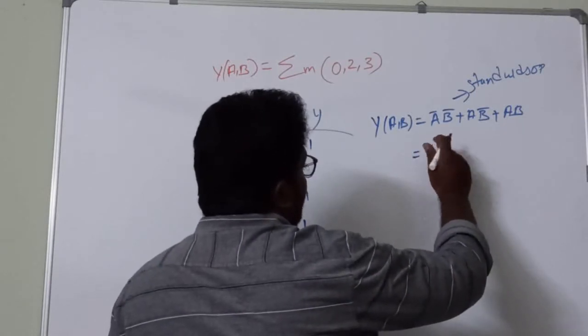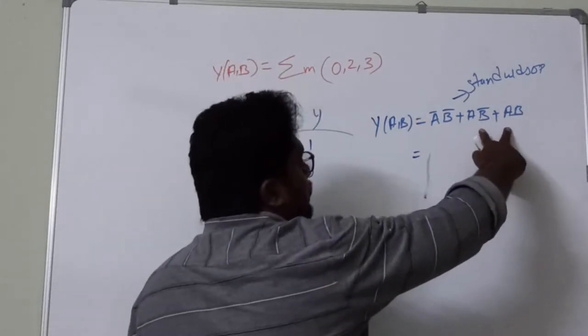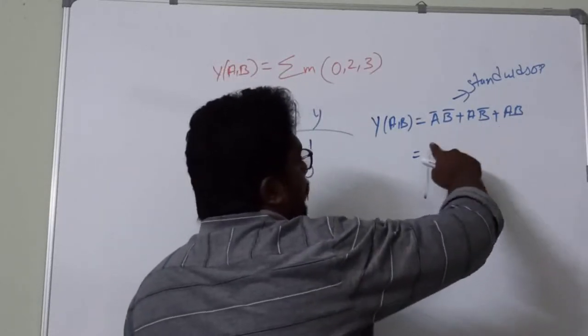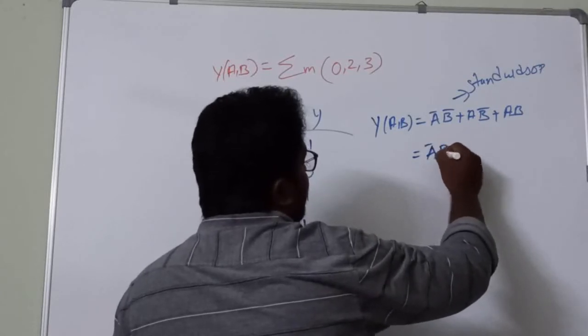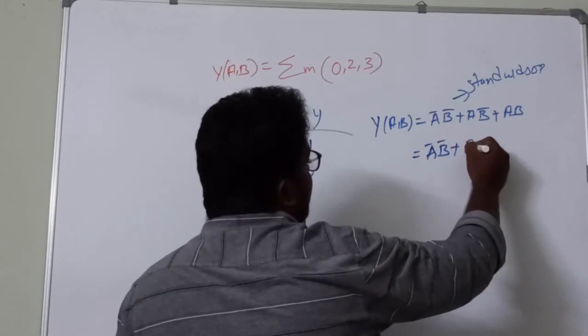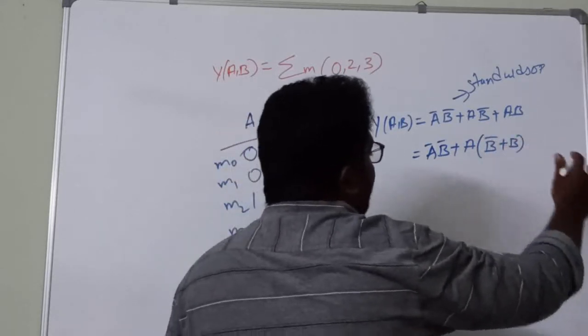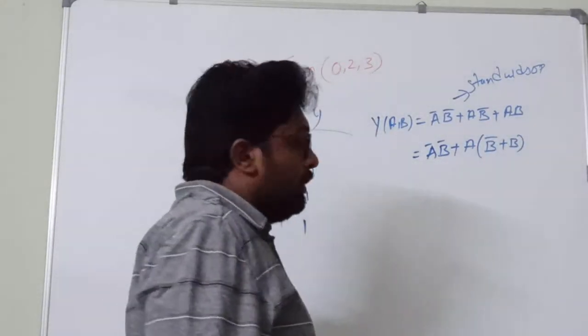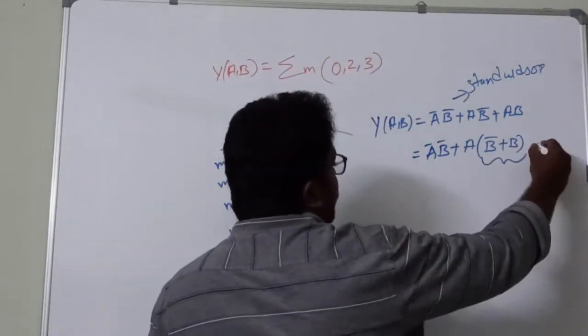If you observe here, in the last two terms we are having A as common. So take A as common: A complement B complement plus A, and I am left with B complement plus B. By OR operation, B complement plus B will become 1.